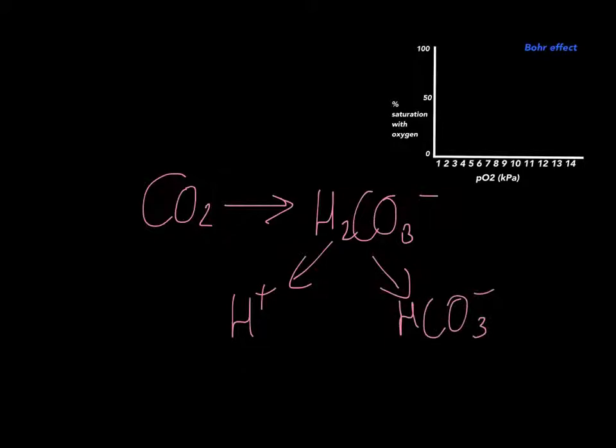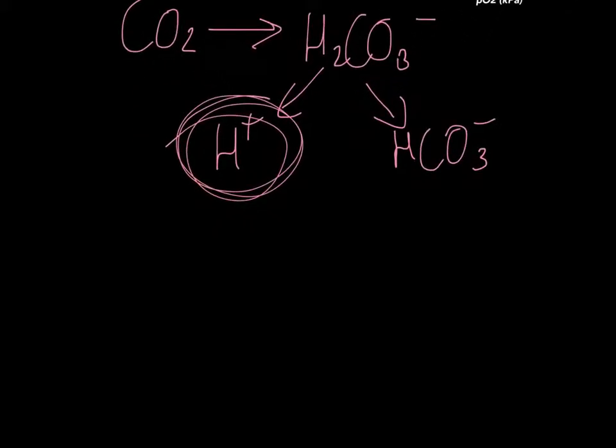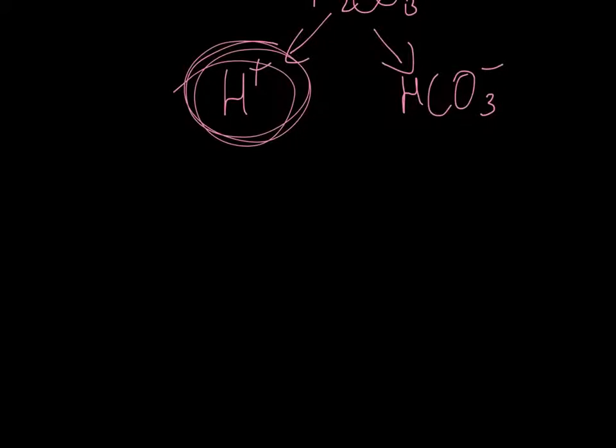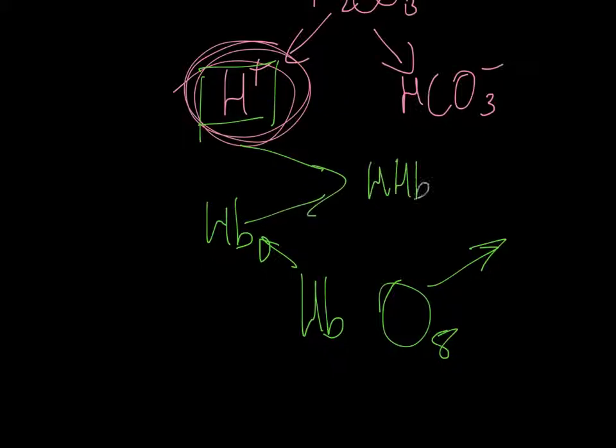This hydrogen is eventually going to combine with that hemoglobin molecule, which did have oxygen bound to it. So this is going to dissociate, so we're left with hemoglobin and hydrogen, and those two come together to form hemoglobinic acid.